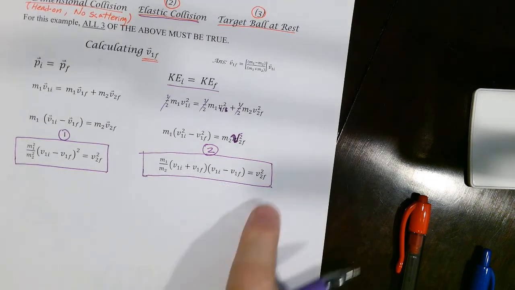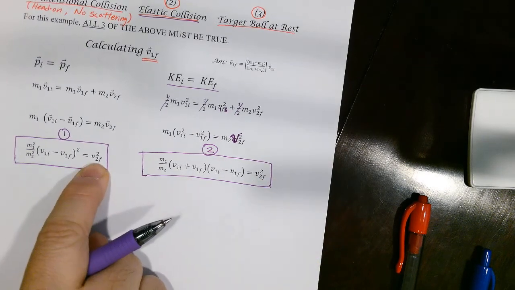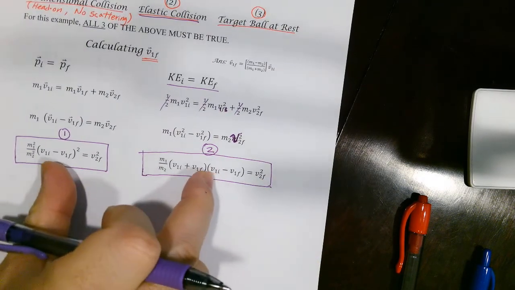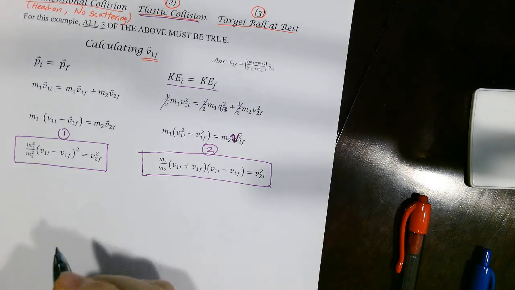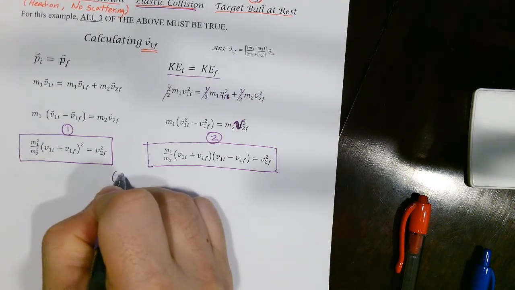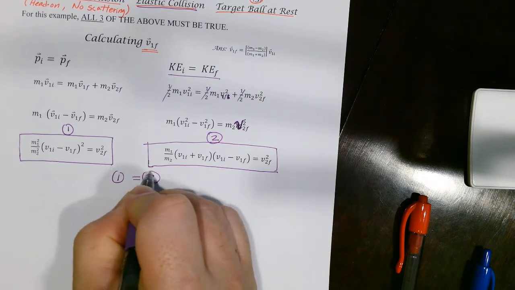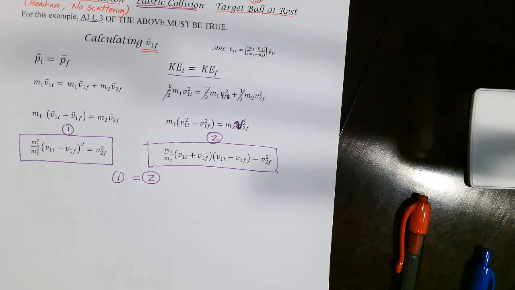Now, if you look at V2 final squared in both, let's set equation 1 equal to equation 2. Then what would I get?